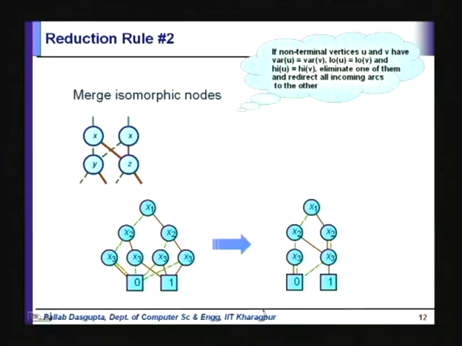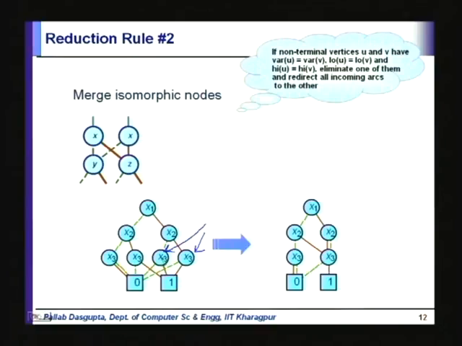All right. So if you have 2 links to 0, we just bring them together. Reduction rule 2, we will merge isomorphic nodes. Now see here, let us look at this x3 and this node, these 2 nodes. We claim that these 2 nodes represent the same function. Why?